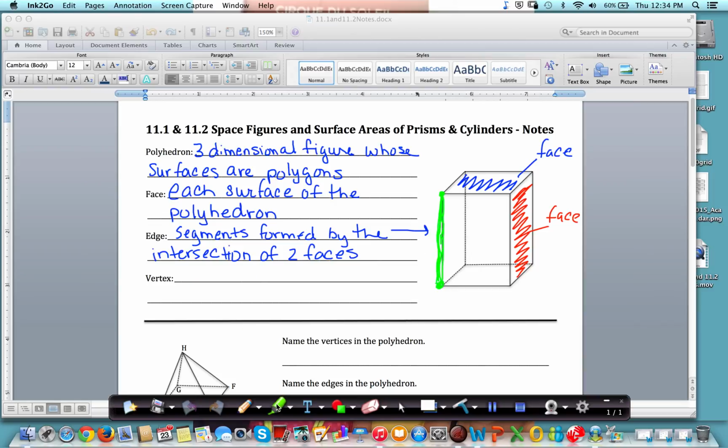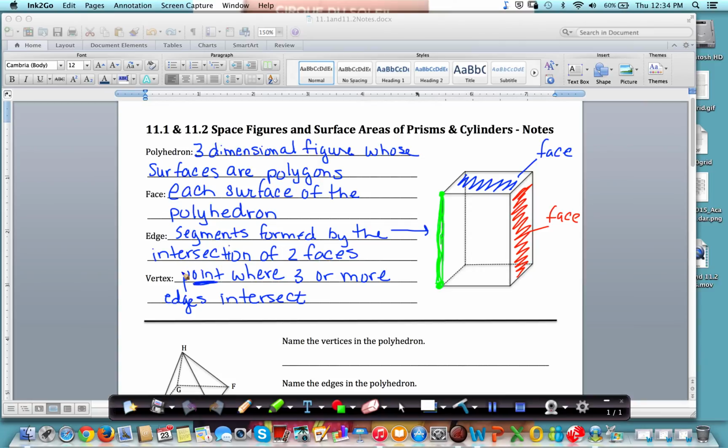The vertex, we'll go back and get our blue, is the point where three or more edges intersect. Okay, so a vertex is a point. So these are the important words.